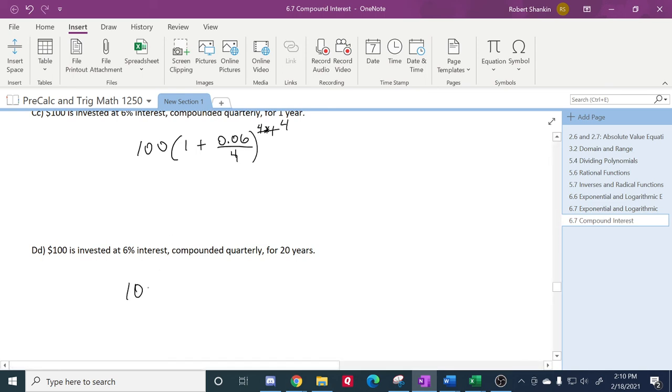Okay, this is $100, 20 years, but 4 times a year, which is 80. So it's raised to the 80th power over here. Any questions?